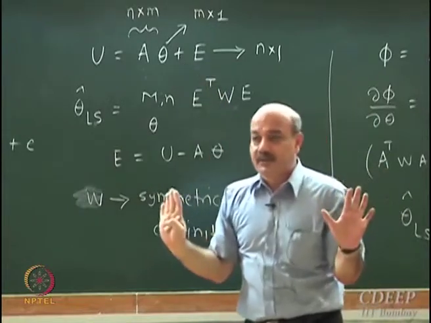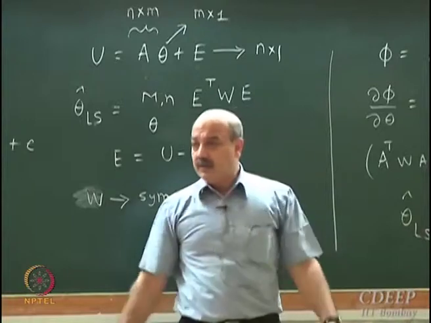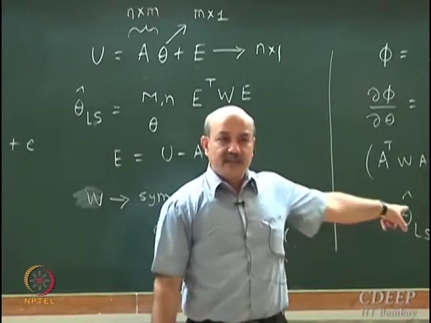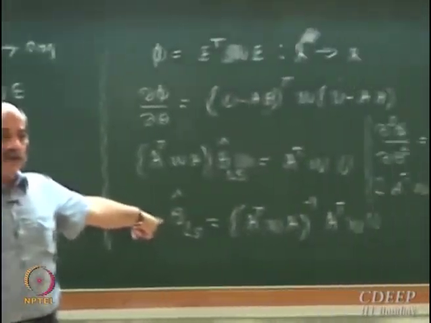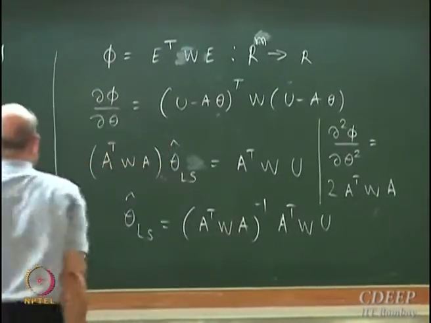You are finding a least square solution. What is the error? How do you compute the error vector? If you substitute this theta into this equation, you will get the error vector.